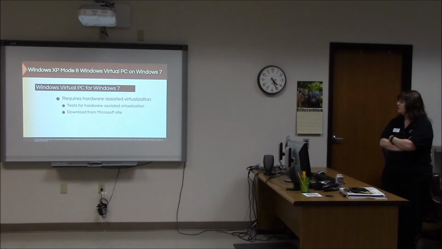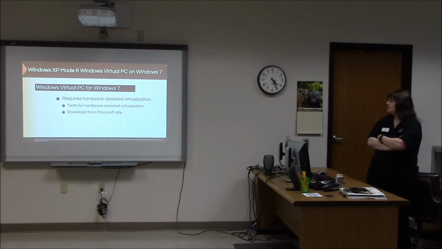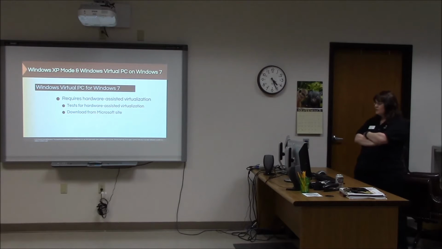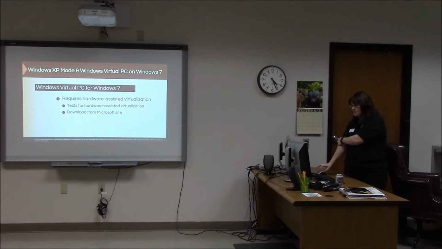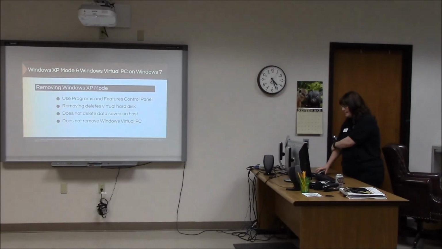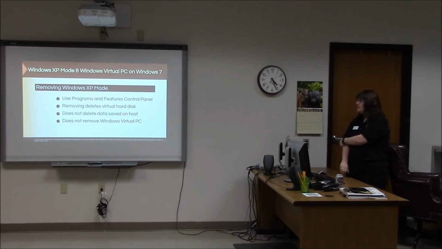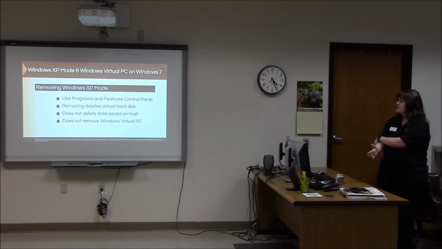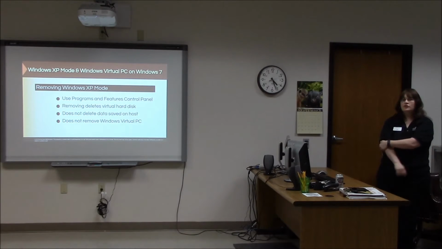So this is what we call hardware-assisted virtualization. You can download that from the Microsoft website, but it is, again, something that comes with Windows. If you wanted to go look at it, to the Download Center, you can simply download that. Since we all have Windows 7, we're going to do that in class as well. If you want to remove it, you just go and act like it's a program that's installed on the computer.